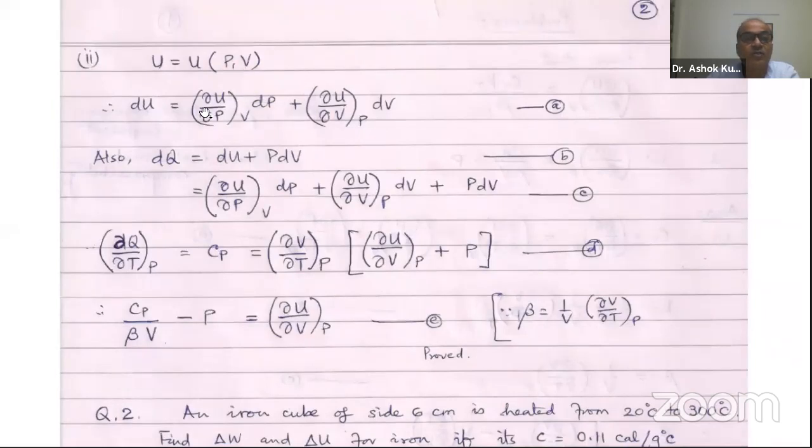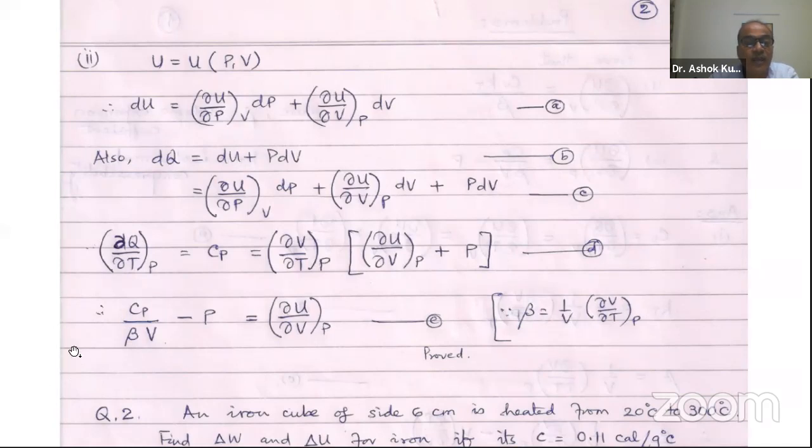So the perfect differential of dU can be written in partial differential form with two independent variables: del U upon del P at constant volume dP plus del U upon del V at constant pressure dV. Also we have dQ equal to dU plus PdV. So in place of this dU, we write the whole equation A: del U upon del P at constant volume dP plus del U upon del V at constant pressure dV plus PdV.